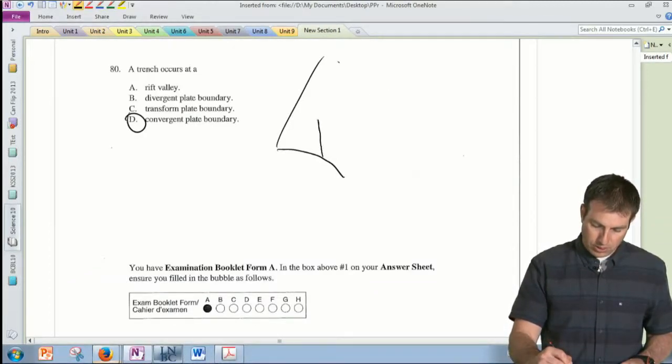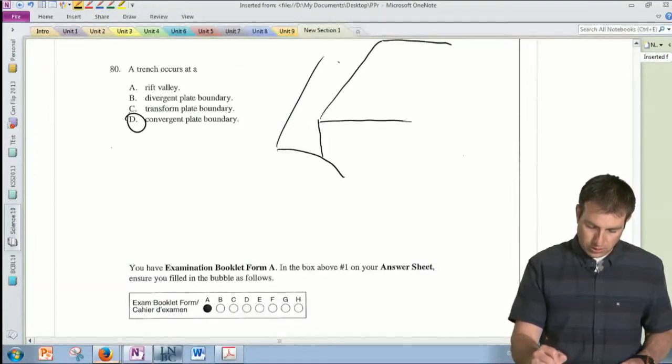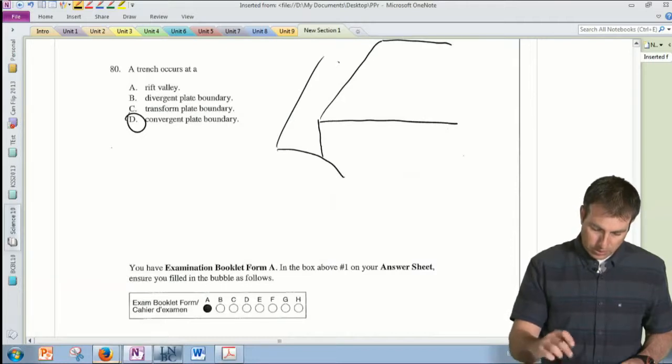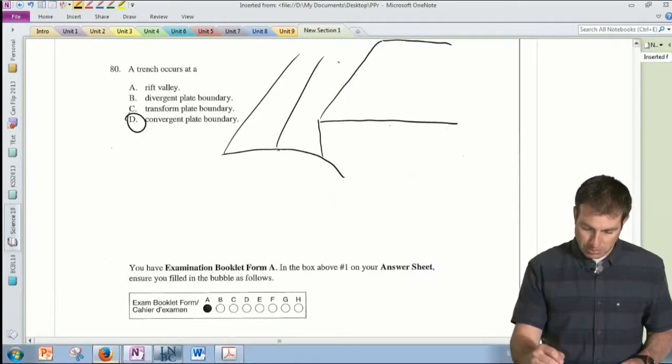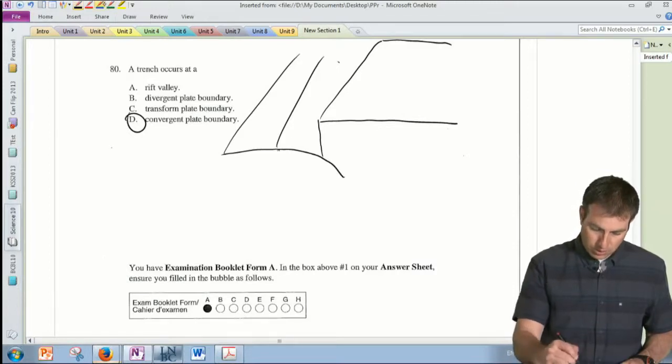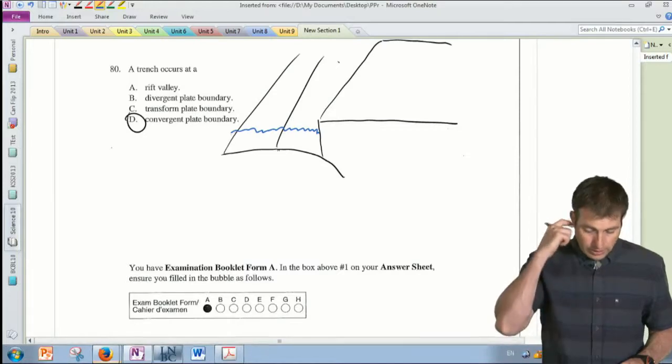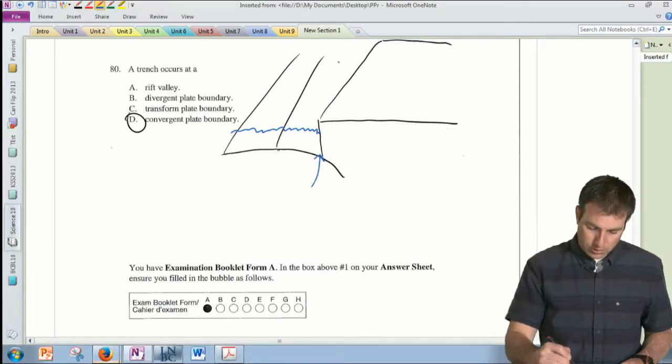You have your big continental plate. You need to start to learn how to draw these diagrams a bit better. All right, so here's my big continental plate. I have some ocean. This is where your trench is.